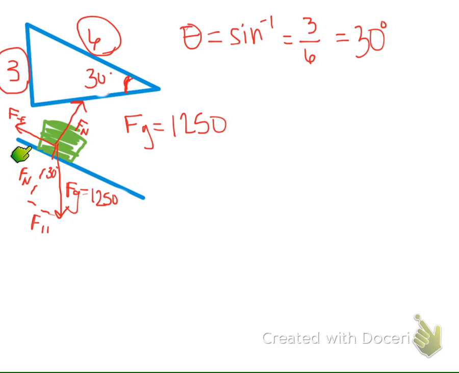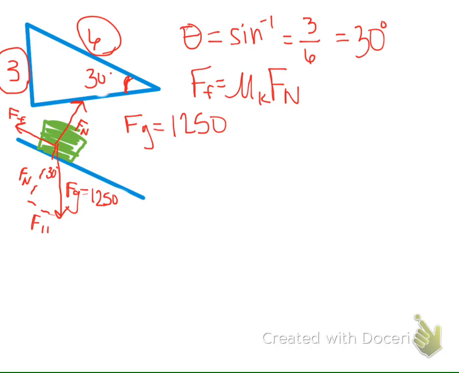We have to find this normal force. We have to find this parallel force. What's the purpose of finding our normal force? What do we need it for? What about this equation? We need it for our frictional section. We need that to find friction, to find our coefficient. So we have to end up solving for all of these components.